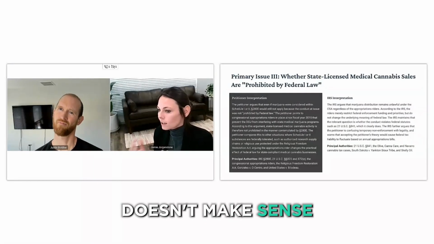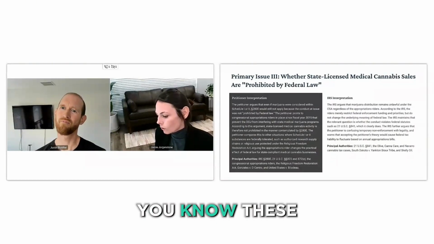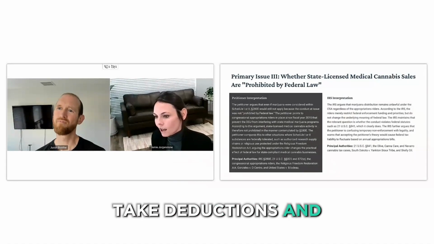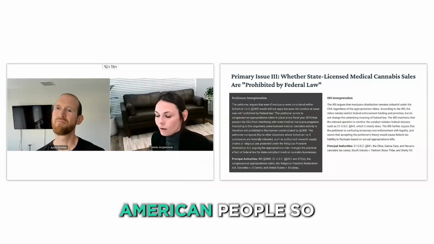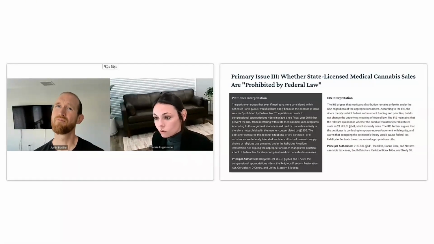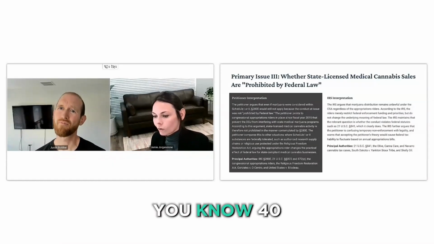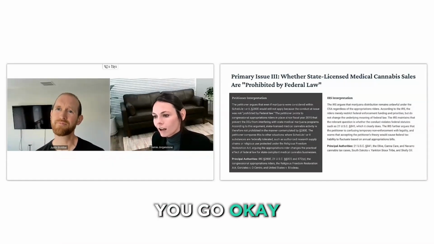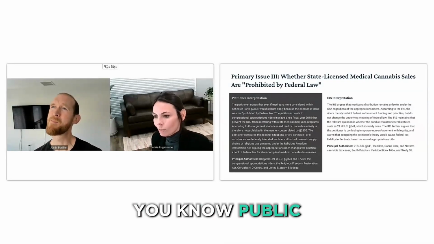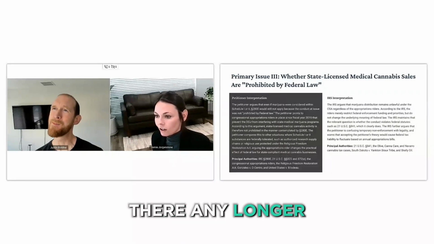It's saying it doesn't make sense to allow these drug dealers to take deductions when they're costing the American people so much money, and we've got this sharply defined policy. So it's really interesting when you fast forward now 40, 50 years and you go, okay, where's that sharply defined public policy against cannabis now? Because it's not there any longer.